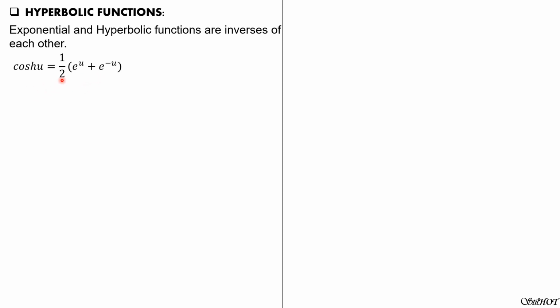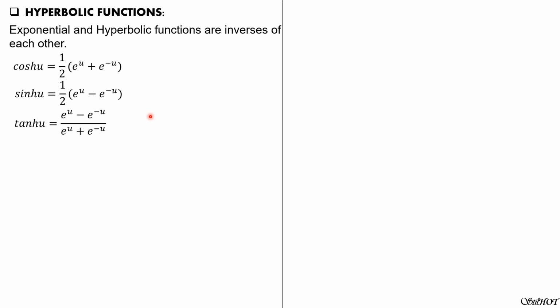Sine hyperbolic of u is 1/2 quantity e to the u minus e to the negative u. Therefore, tangent hyperbolic of u, which is sine hyperbolic u over cosine hyperbolic u, is quantity e to the u minus e to the negative u over e to the u plus e to the negative u.